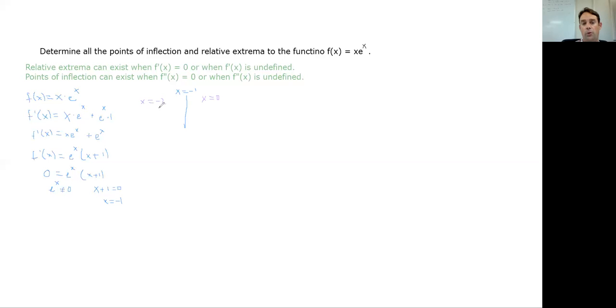Is it a positive value or is it a negative value? Well, on this side, I would end up with a negative value. So that's less than 0. If I plug 0 in, I'm going to get a positive value. That's greater than 0. So if my derivative changes from less than 0 to greater than 0, that means at x equals -1, I have a relative minimum.